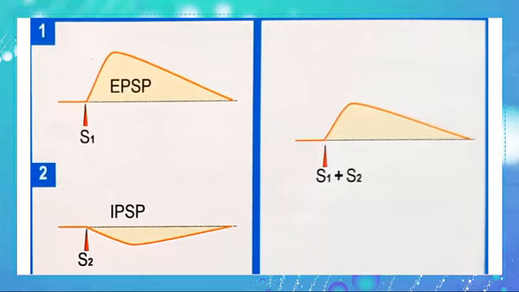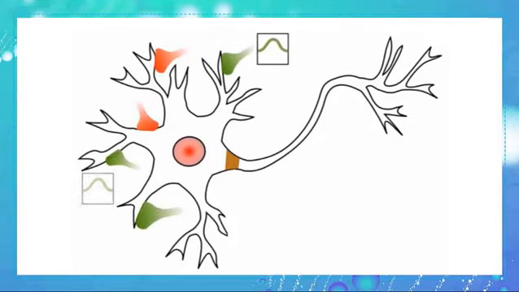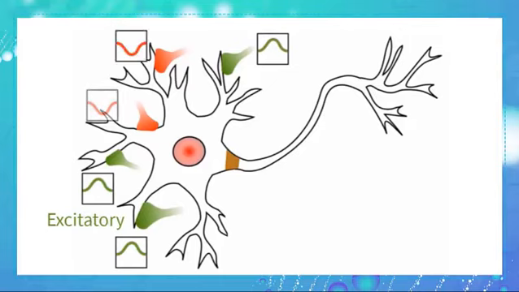To sum up, the cell body of the motor neuron in a nerve center makes many synapses with many sensory neurons. Those synapses are not of the same type. Some are excitatory and others are inhibitory.